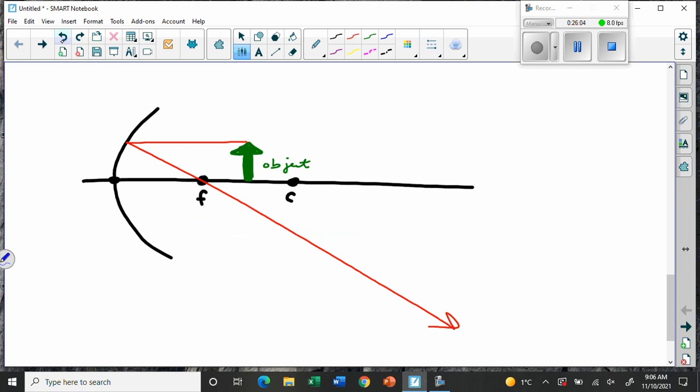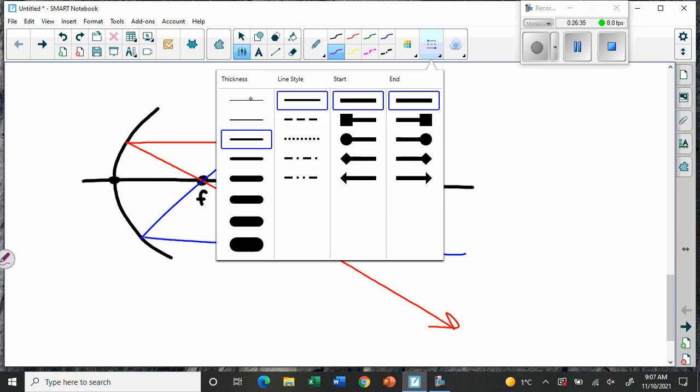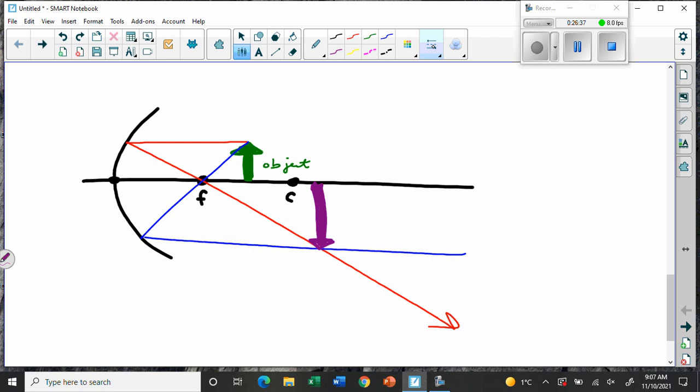Try it one more time. No, still, I'm going up on that second part, and I don't want to do that. There, that's about right. Now it's looking good. Okay, so the image, the tip of the arrow will be over here. And the arrow will be way up here like this. And it should look bigger this time. And it should be out past where the C is.